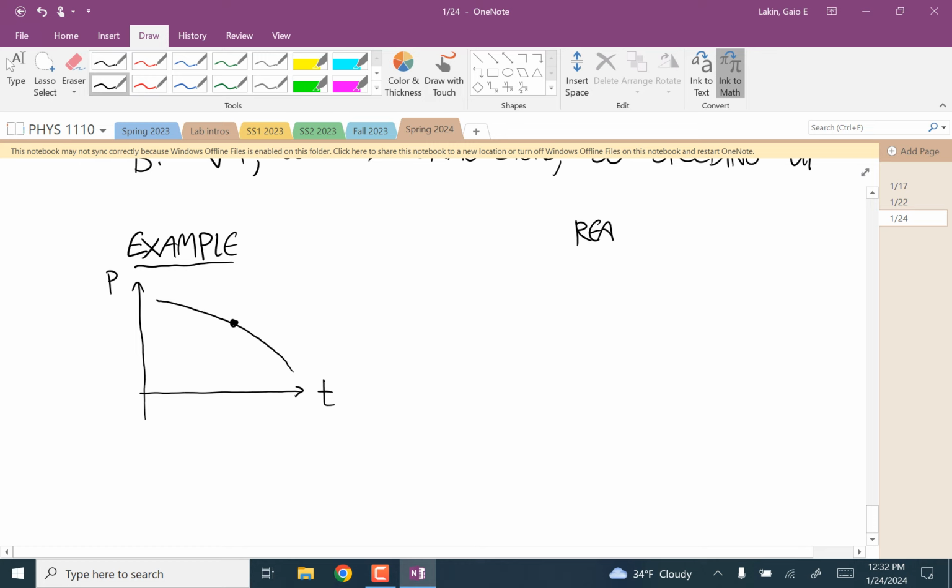And over here in the real world, the object is moving along a vertical line, and we're calling the positive direction down, and that means the negative direction is up.